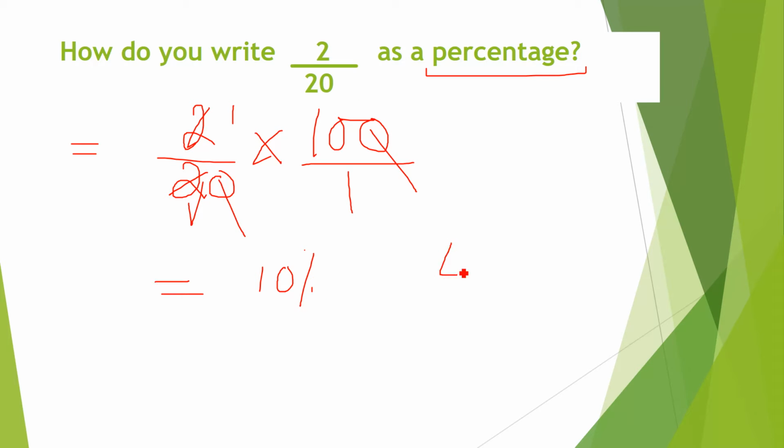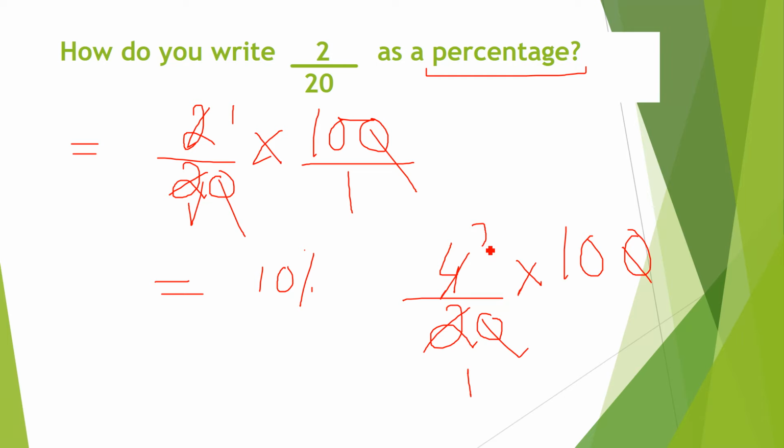Suppose 4 over 20, how will you write it as a percentage? Multiply by 100. This 0 will cross out this one. 2 1 times 2, 2 2 times 4, and then multiply, which is equal to 20%. So we can write 4 over 20 as a percentage, 20%.